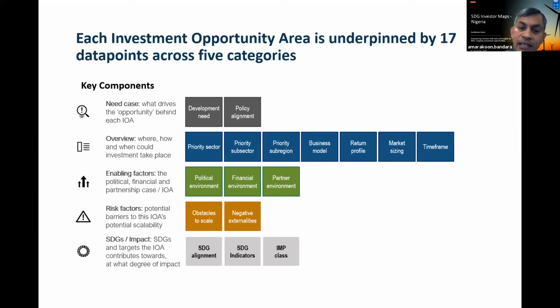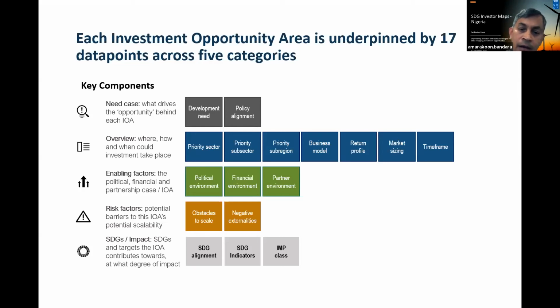We also looked at the enabling factors, in particular the political, financial, and partner environment, looking at different contexts. And also, we reviewed the risk factors, especially from an investor's point of view, as I said, through the interviews we had with the private sector investors.